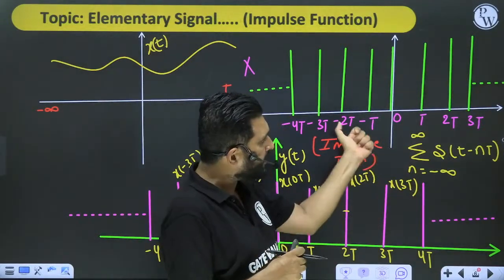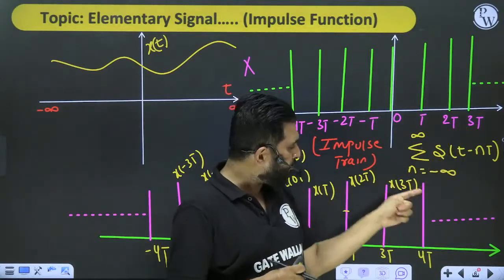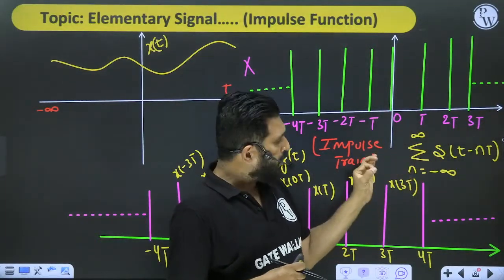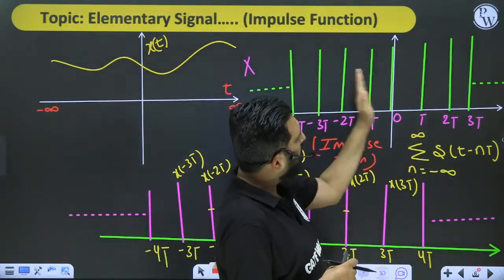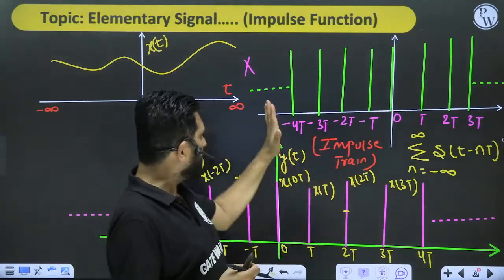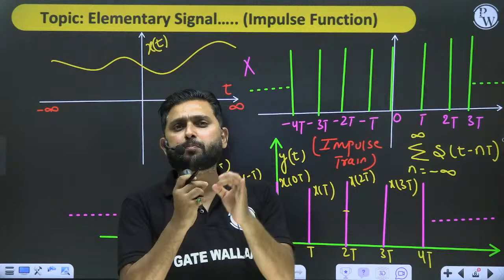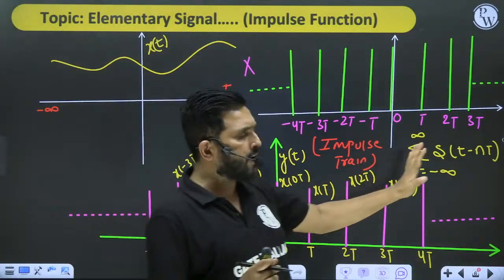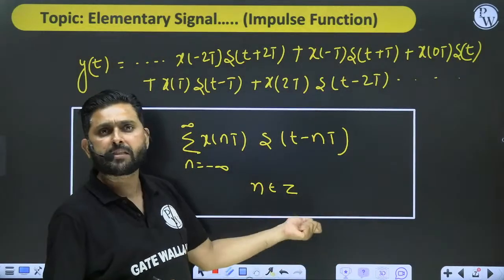See here, since it is a finite number, therefore I'm using this summation sign. Now my question to you is, suppose instead of finite impulses, I have infinite impulses ranging from minus infinity to plus infinity, assuming an impulse is present at each and every point of t, then how will this expression change?